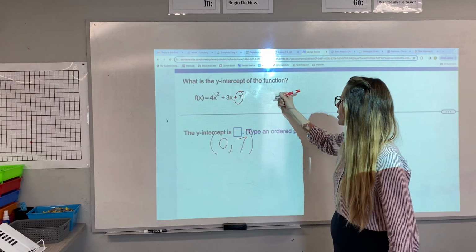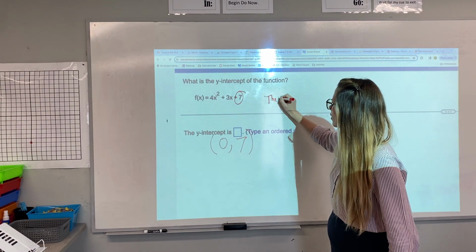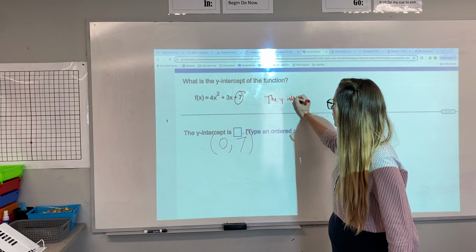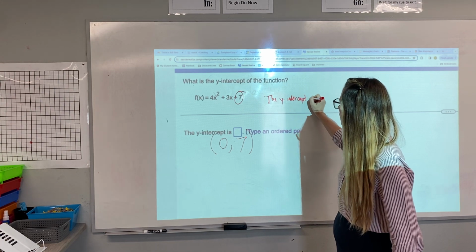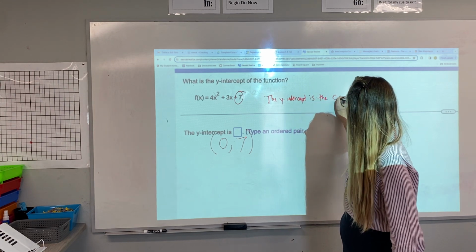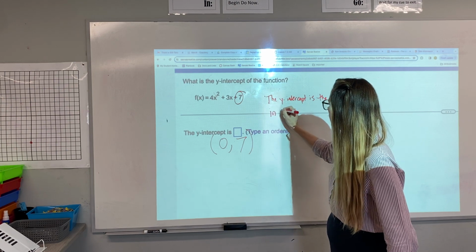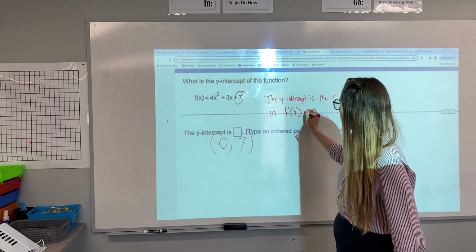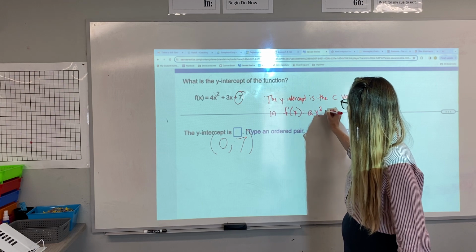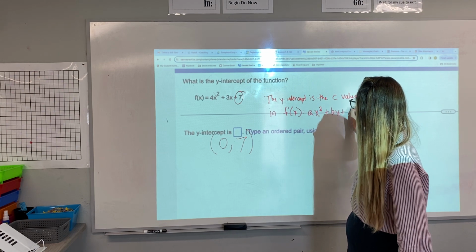So for your explanation, you would say the y-intercept is the c value in f of x equals ax squared plus bx plus c.